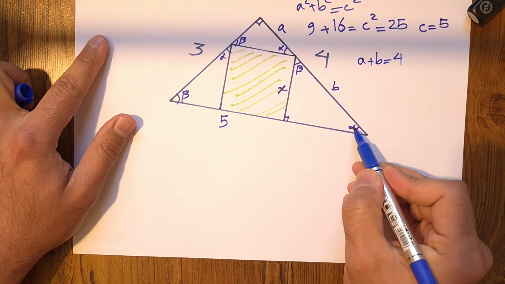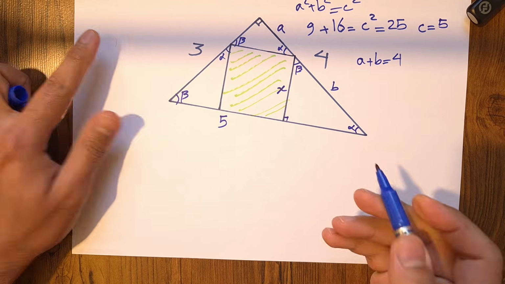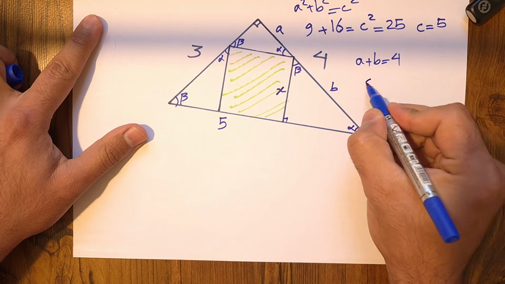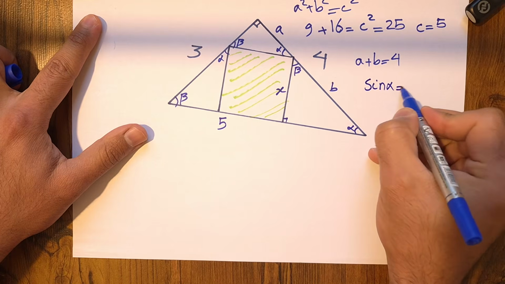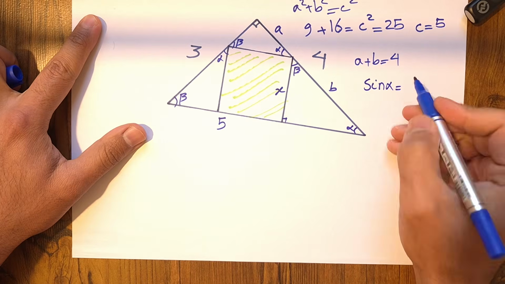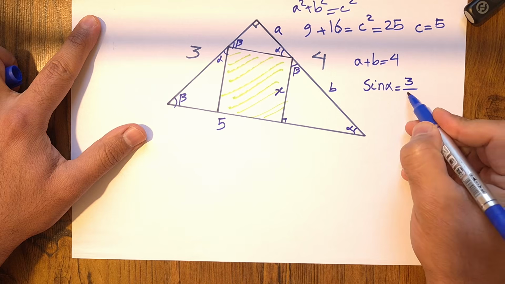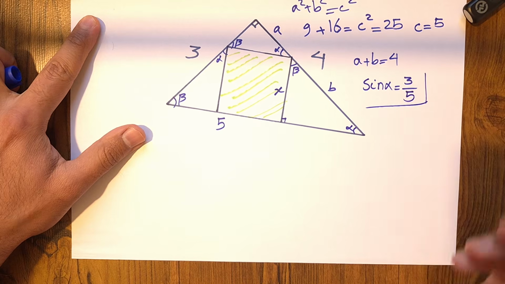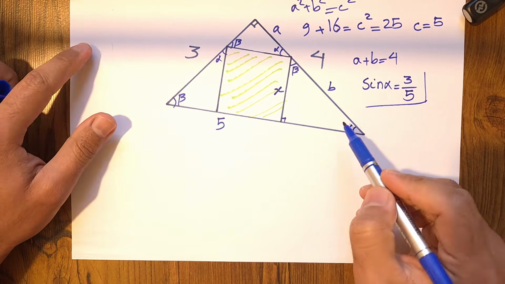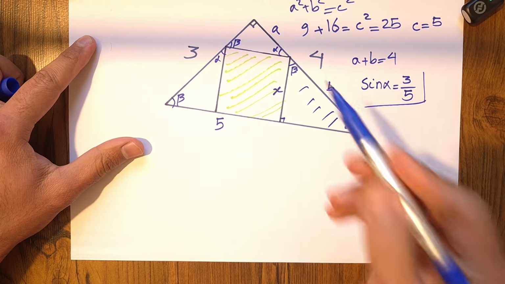Let's focus on the sine of alpha here. What is the sine of alpha? The sine of alpha in the big triangle is opposite over hypotenuse. Opposite is 3 and hypotenuse is 5. But we can also find the sine of alpha in this little triangle on the right side.